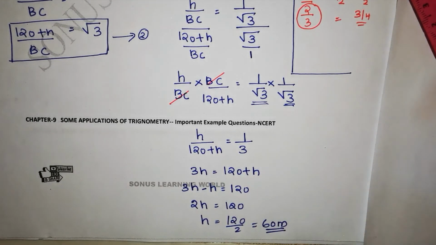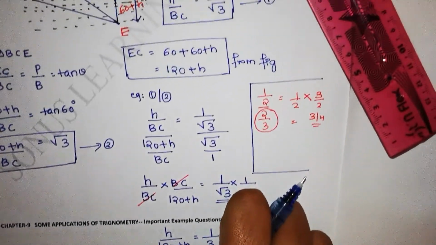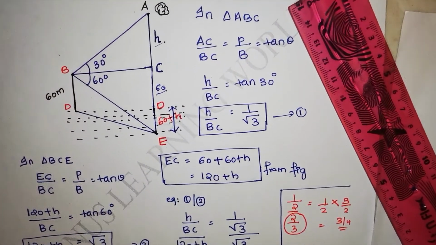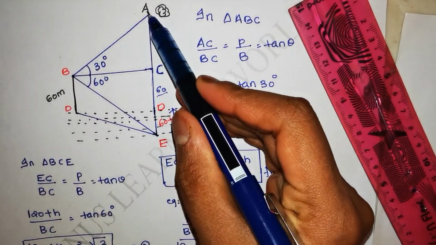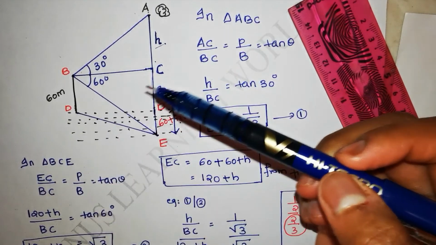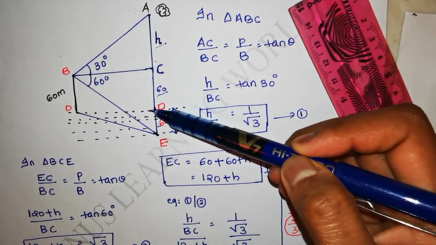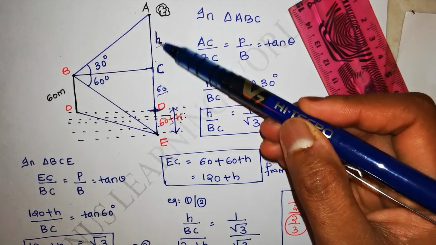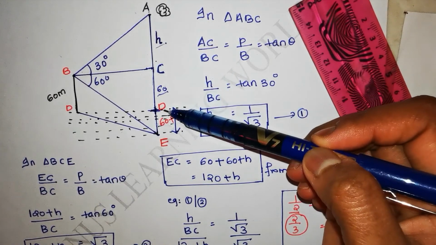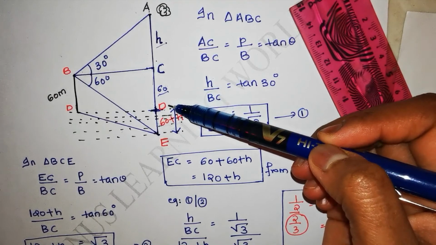Okay, students. So we got the value of H as 60 meters. So students, see here, H is 60. H means from here to here. So we have to find the distance of this cloud from the surface of the water. So we have to find H plus this CD. We know CD is 60.